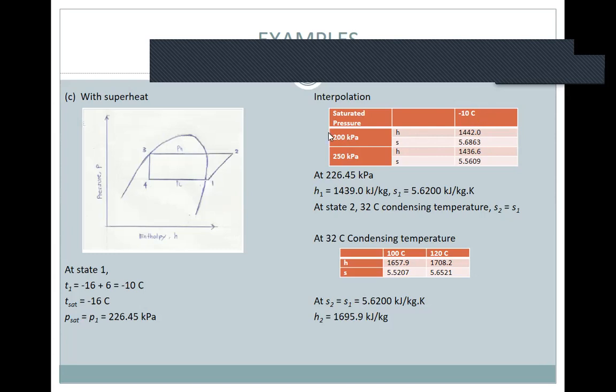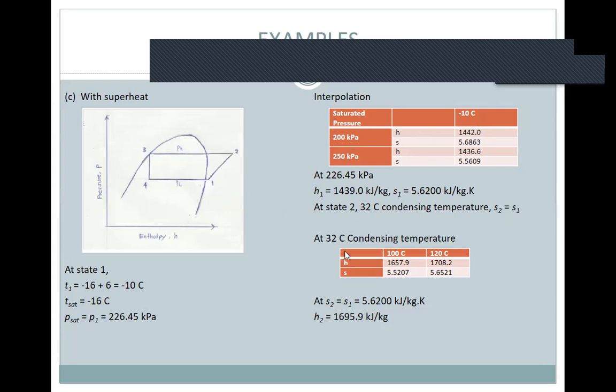So, kaya isa lang interpolation mo, interpolation sa enthalpy and sa entropy. Interpolate mo yung value at 226.45 kilopascal. H1 is 1439 kilojoule per kilogram. S1 is 5.62.